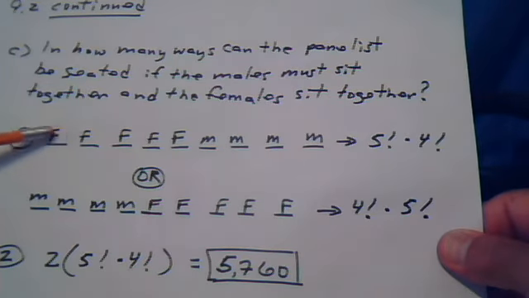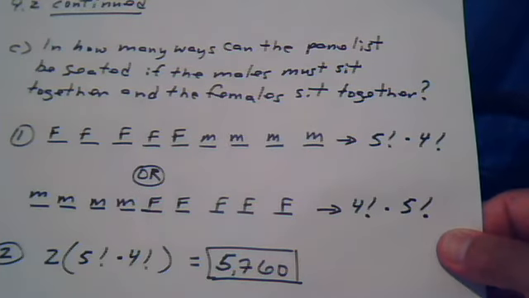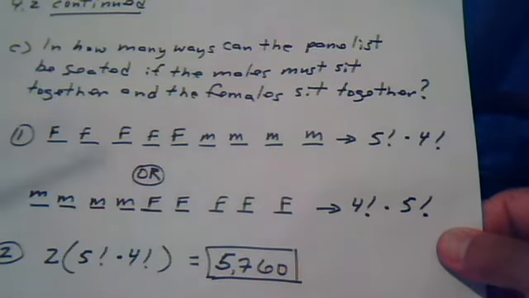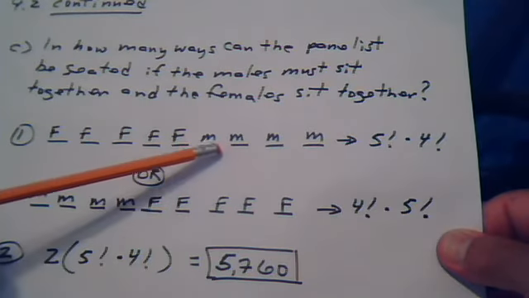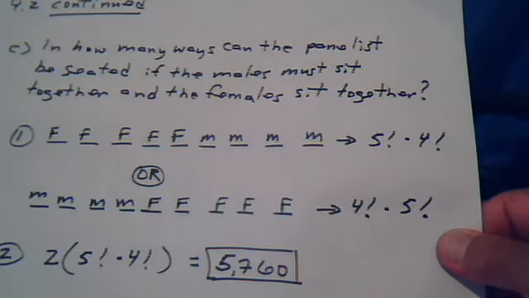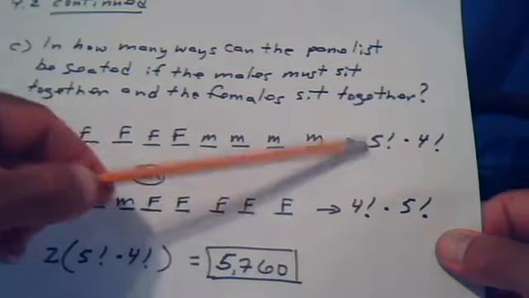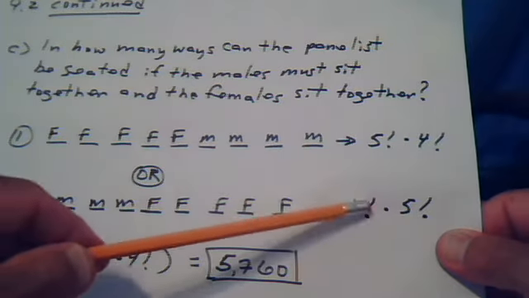So here is the females. That's 5 factorial. Remember, 5 factorial would be 5 times 4 times 3 times 2 times 1. And this is 4 factorial, 4 times 3 times 2 times 1. So that's the symbol for that. And this one, here are the males, so it's 4 factorial.